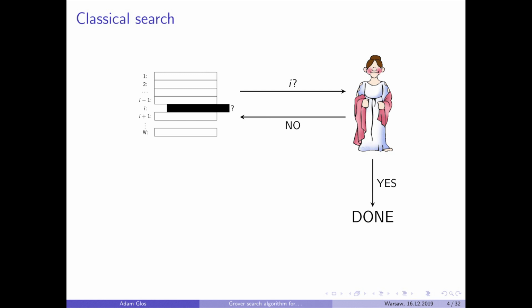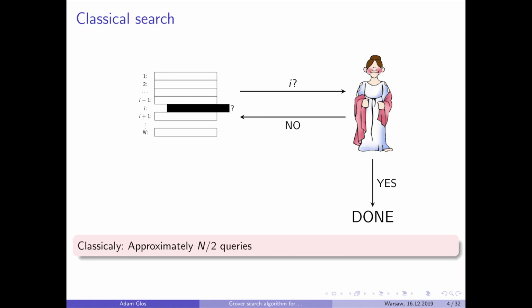She checks it and answers us. If the answer is no, we give another element, say the next one. If the answer is yes, we are done. That's all. Typically, when we use only conventional, classical computers, it requires expectedly n/2 queries. In fact, using the quantum computation paradigm, we can do it much faster.